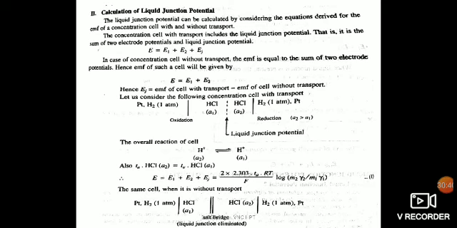They have been separated by means of a salt bridge. That is why the liquid junction potential has been eliminated. The overall reaction in this cell is H plus of activity A2 giving rise to H plus of activity A1. Therefore, E is equal to E1 plus E2, and that is equal to 2.303 RT by F into log of A2 by A1.